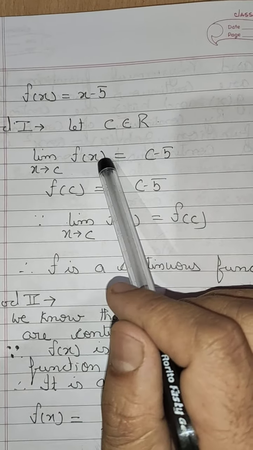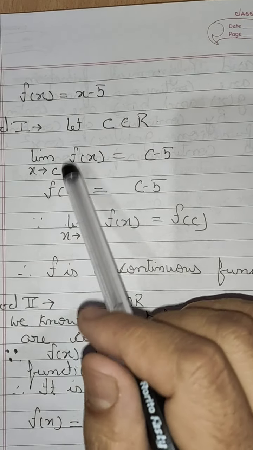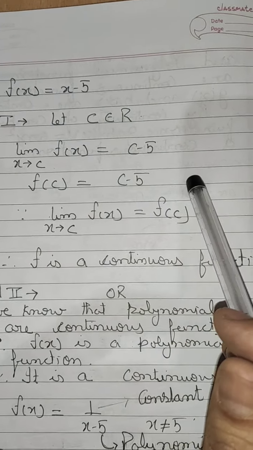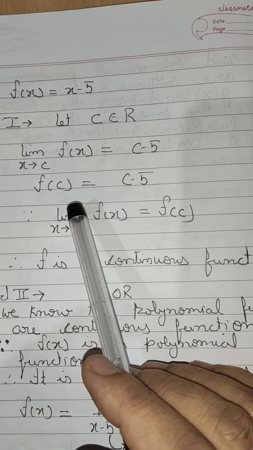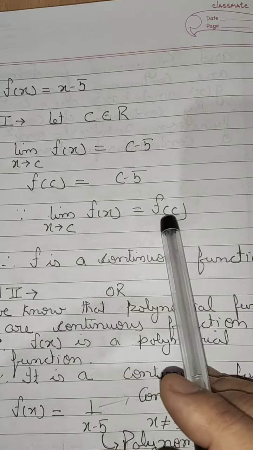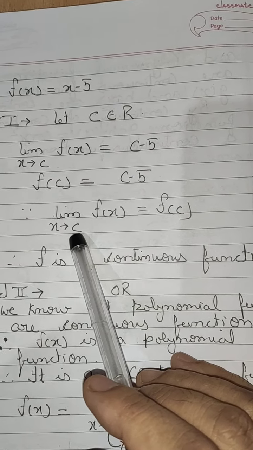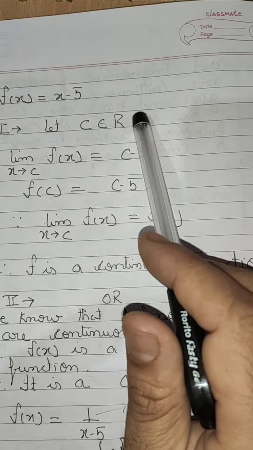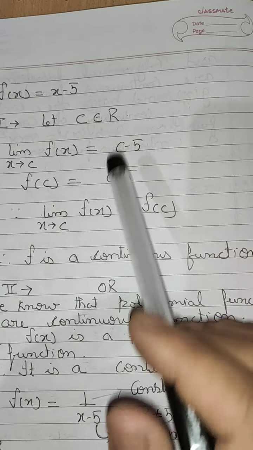Then calculate the limit, so you will get c minus 5. Then calculate the function value at this point c, so you again get c minus 5. The function value at c is equal to the limit value of the function at c, which satisfies continuity at a point, and this will happen for every point.